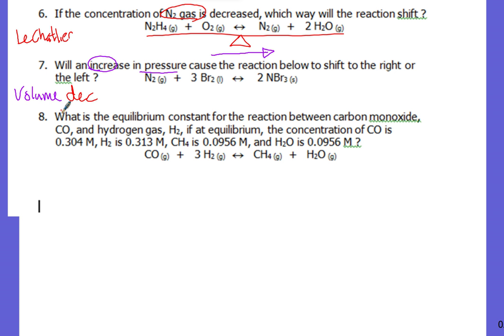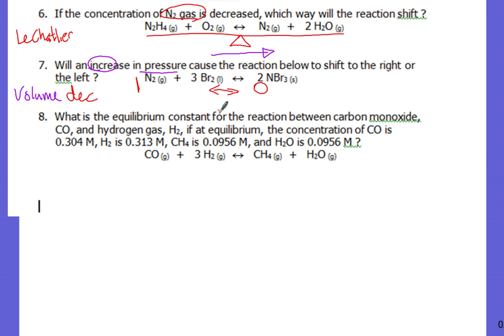So what we're supposed to do, if we're talking about volume or pressure, is count the moles of gas. Intentional pause. Count the moles of gas. How many moles of gas are on this side? Only 1 mole of gas. That is a liquid, right? How many moles of gas are on the product side? 0. So I'm comparing the moles of gas.